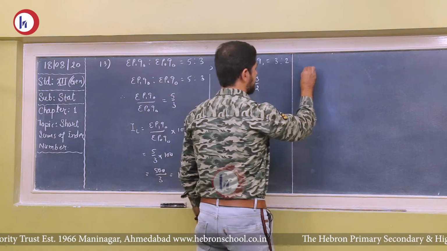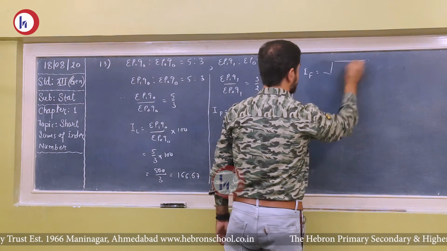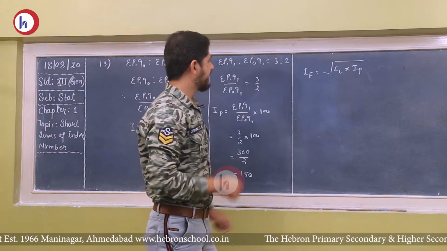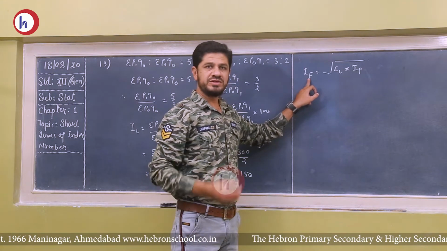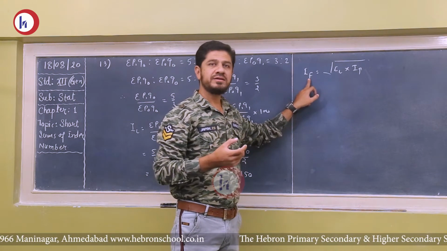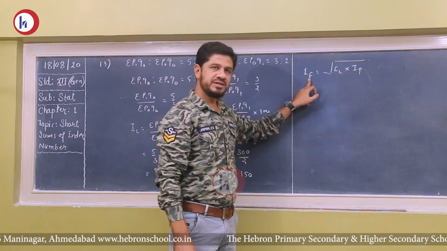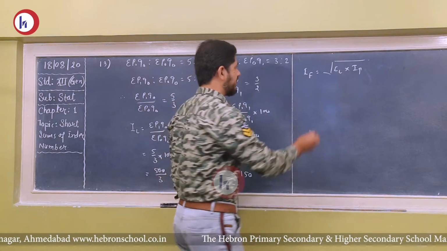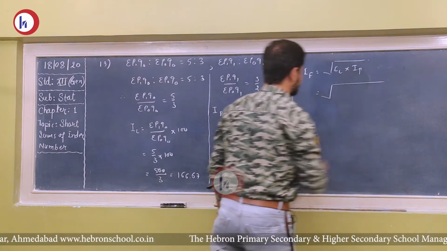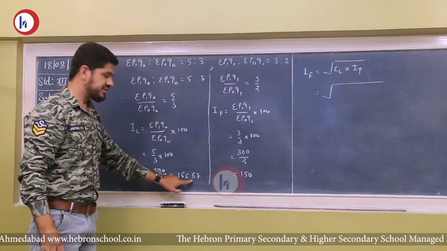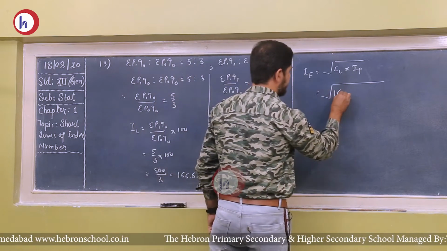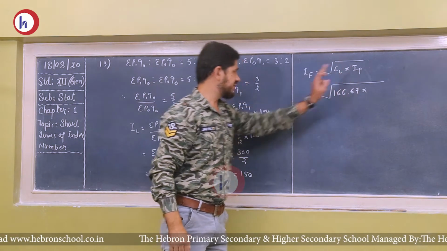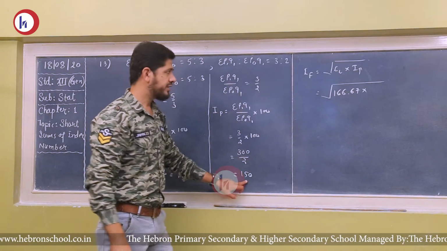Now finally, the formula of IF is under root IL into IP. I already told you that Fisher's index, which is also known as the ideal index number, is nothing but the geometric mean of Laspeyres and Paasche. Now the value of Laspeyres is 166.67 and the index number of Paasche is given as 150.